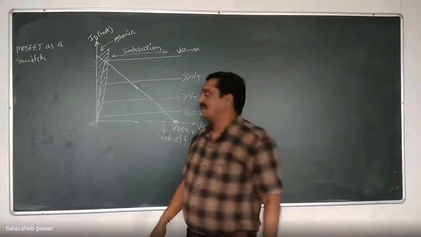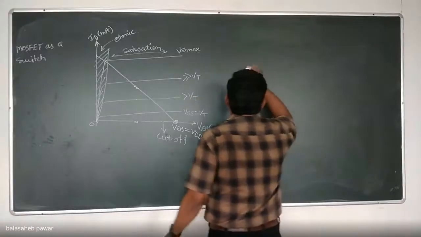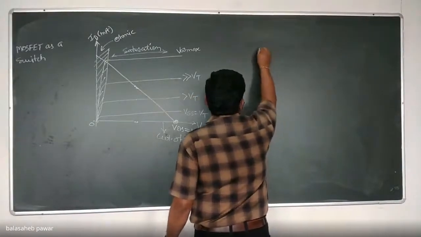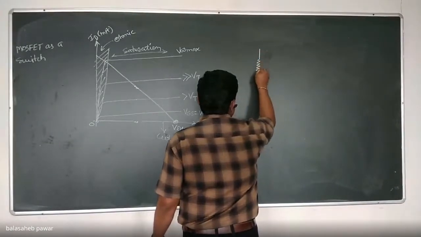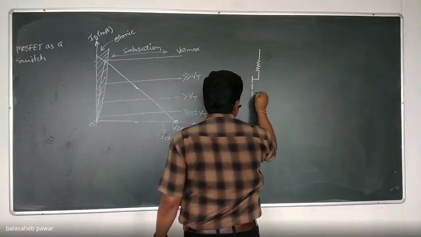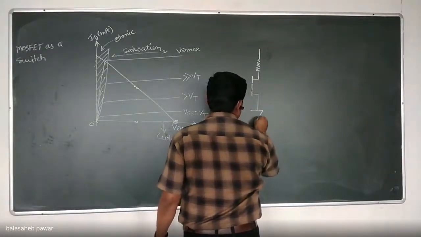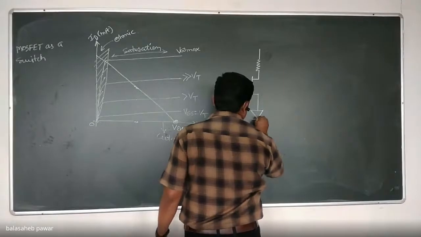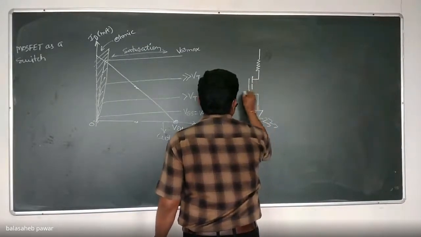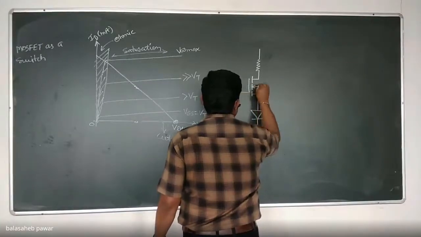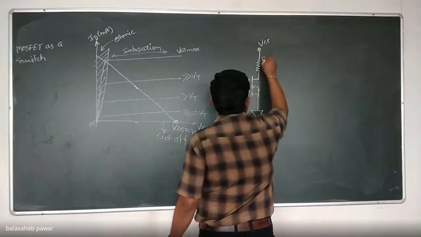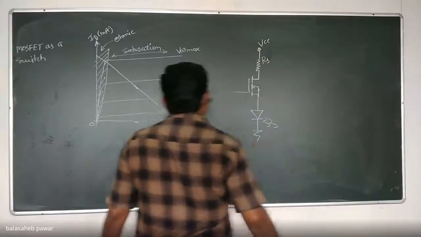I will again draw the same previous circuit, by considering that MOSFET as a switch, to turn on or to keep that LED in off state. This one is our VCC. This one is again a series resistance to limit the current.